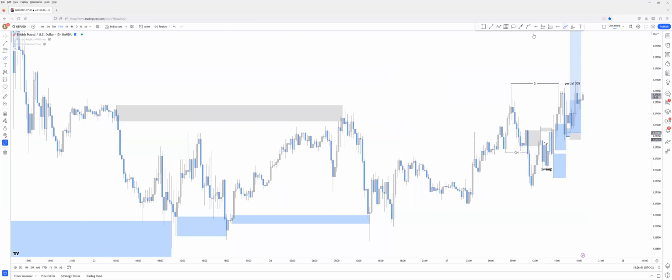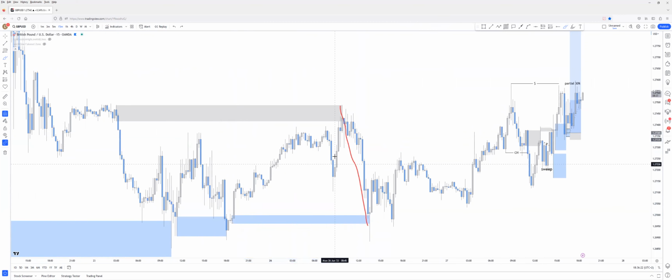Here was the 15-minute supply that caused this nice, inefficient, and less recent leg to the upside. This was the supply that broke the structure here, mitigated this demand, and had a nice amount of liquidity below it, right? The supply has been mitigated with this movement. After the mitigation, price went back down to mitigate the demand.